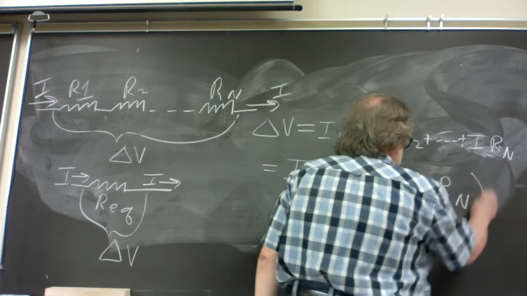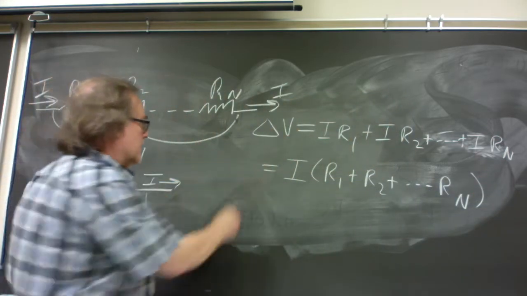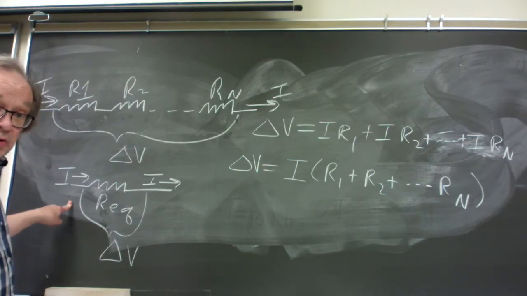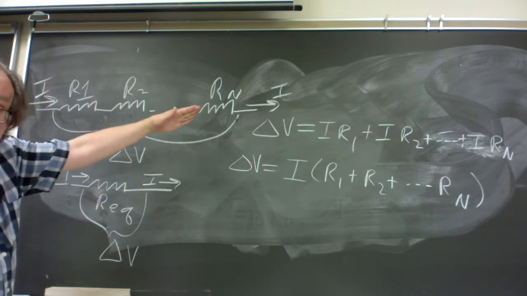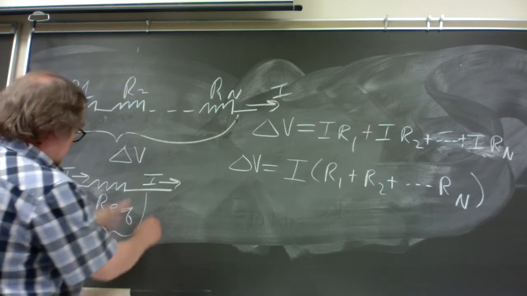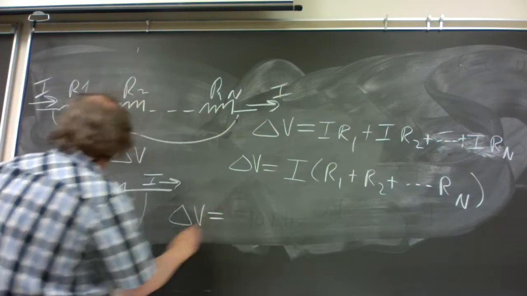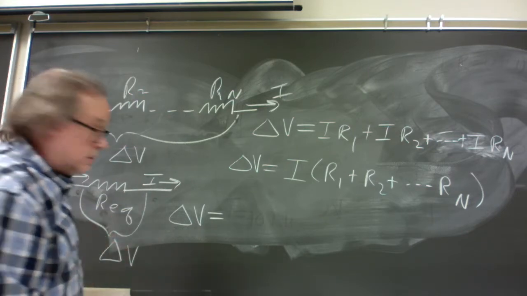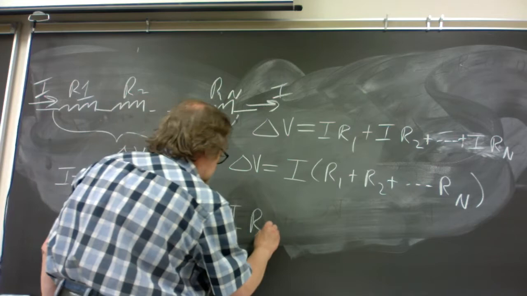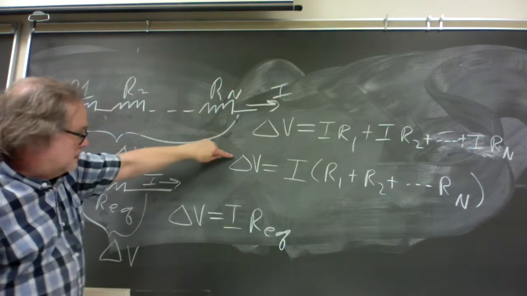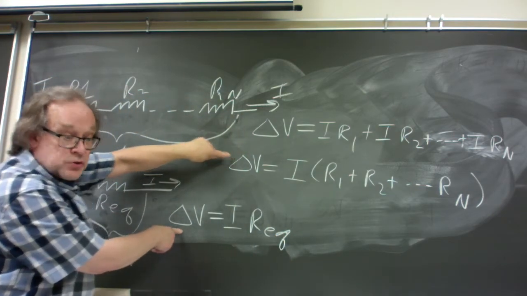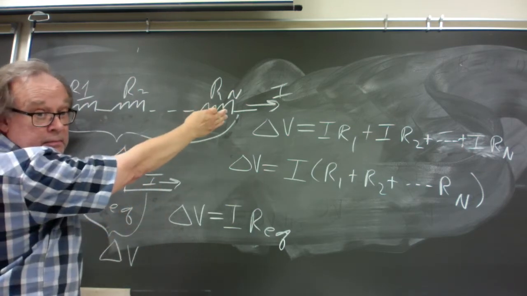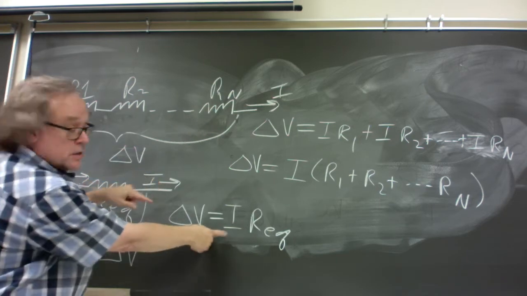of all the resistances. But now compare this with our ideal situation where we've replaced that string of n resistors with just this one. Here, the potential difference between this end and this end of the one equivalent resistance is again just I times R. So same potential difference, whether it's the one equivalent resistance or the n resistors, same current.